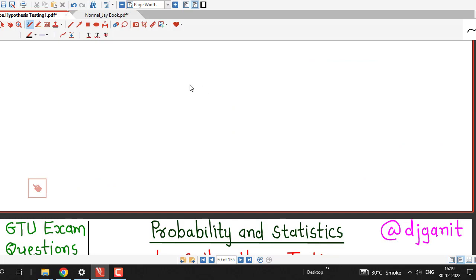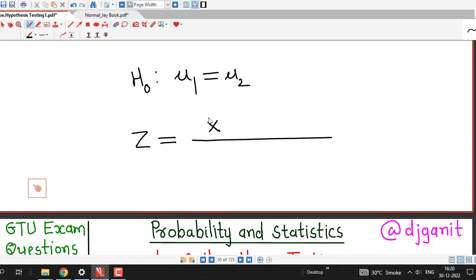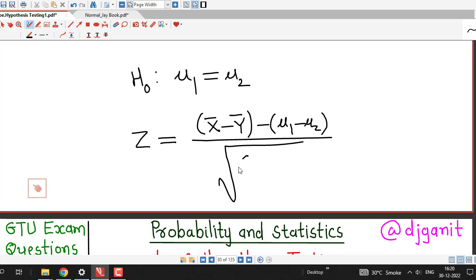And we recall that if we consider the null hypothesis that two population means are equal, then under this null hypothesis the two sample Z statistic is given by Z equal to x bar minus y bar minus mu1 minus mu2 divided by square root of sigma 1 square over n1 plus sigma 2 square over n2.